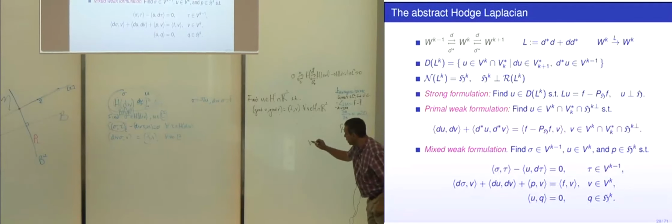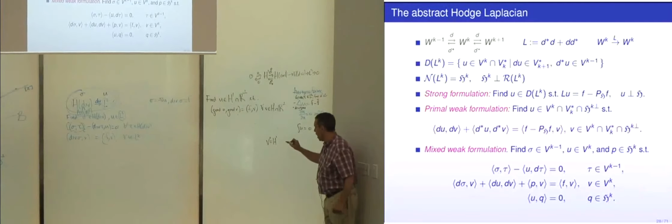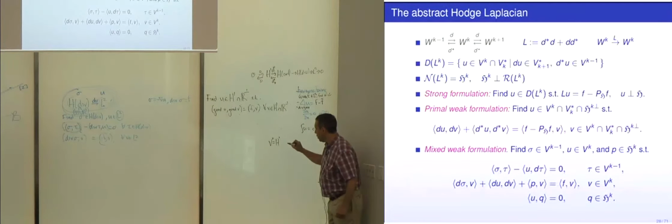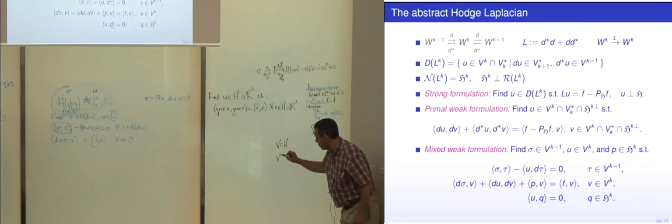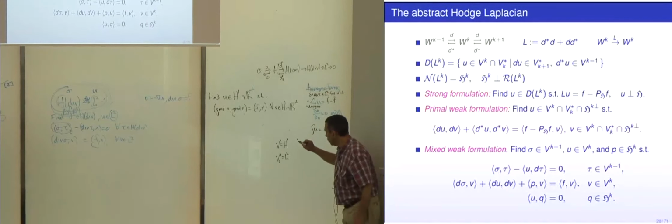So our v is, well, v0 is H1, and then v star 0 is just L2, and then we go this way and we get V1, which is H curl, and V1 star, which is H0 div.